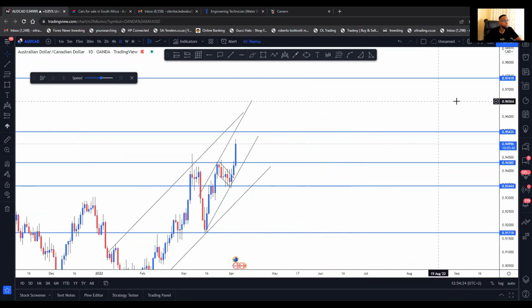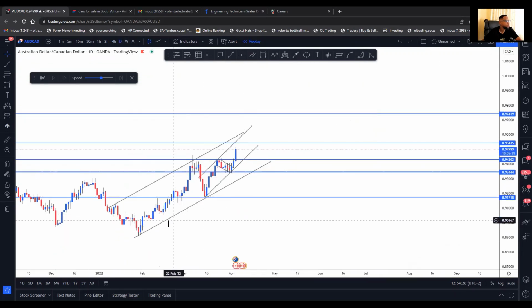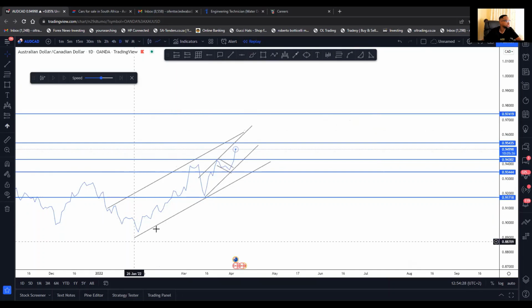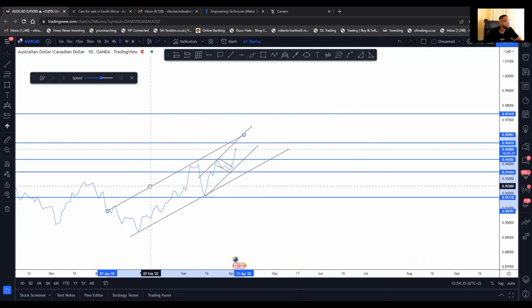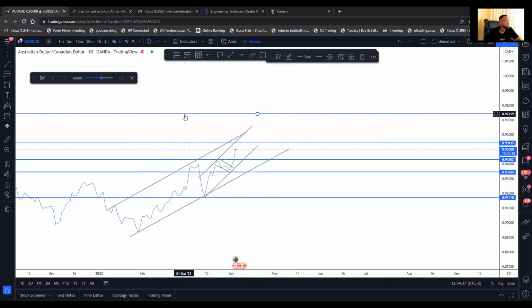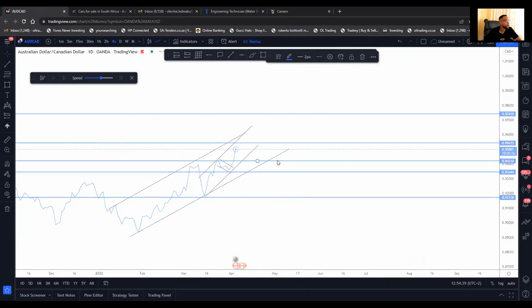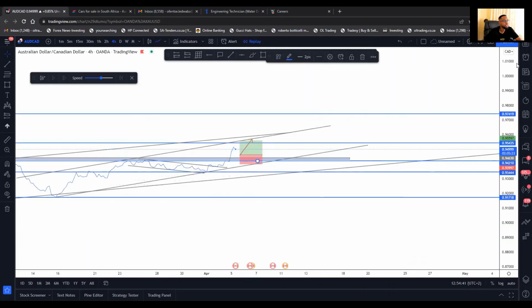On the daily, we draw our lines parallel using the line chart. Then it'll be like this, and this one will be like this. And then we went to 4 hour, we drew these lines.